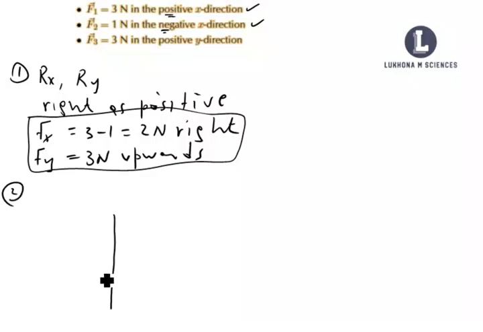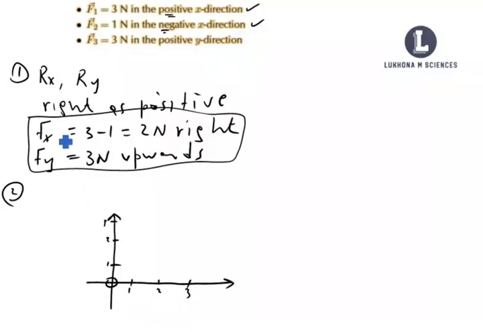The focus is on positive x and positive y. So we have 1, 2, 3 on each axis, positive 1, positive 2, positive 3. Here is 0.